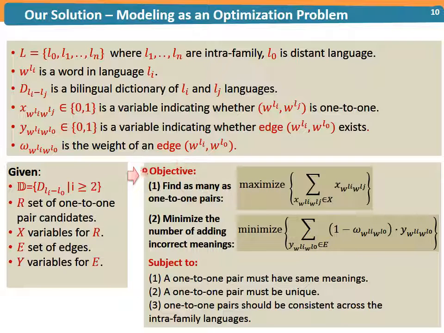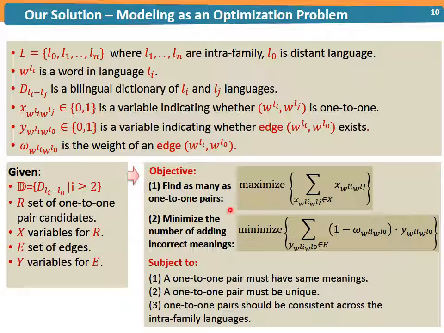As for the objective functions, we define 2 objectives. One is to find as many one-to-one pairs as possible, that is, to maximize the coverage of the output dictionary. Meanwhile, we have to minimize the number of incorrect meanings added, because we cannot add many edges into the pivot graph: the original dictionary is created by humans, so we have to believe its structure is correct.